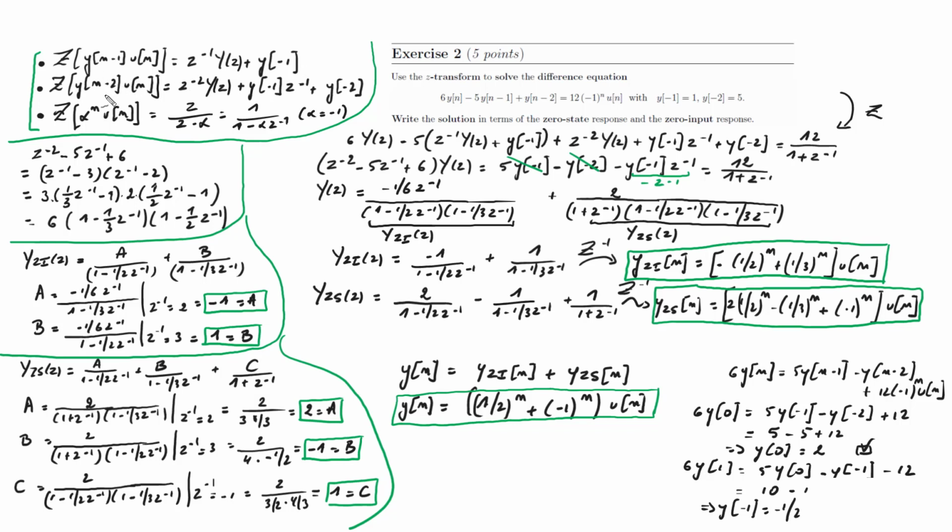Here we shift by 2 elements to the right, so what was in minus 1 will appear in n equal to 1, so you'll have y minus 1, z to the minus 1. And similarly, what was in minus 2 will appear in n equal to 0. So you'll have plus y minus 2, z to the 0.